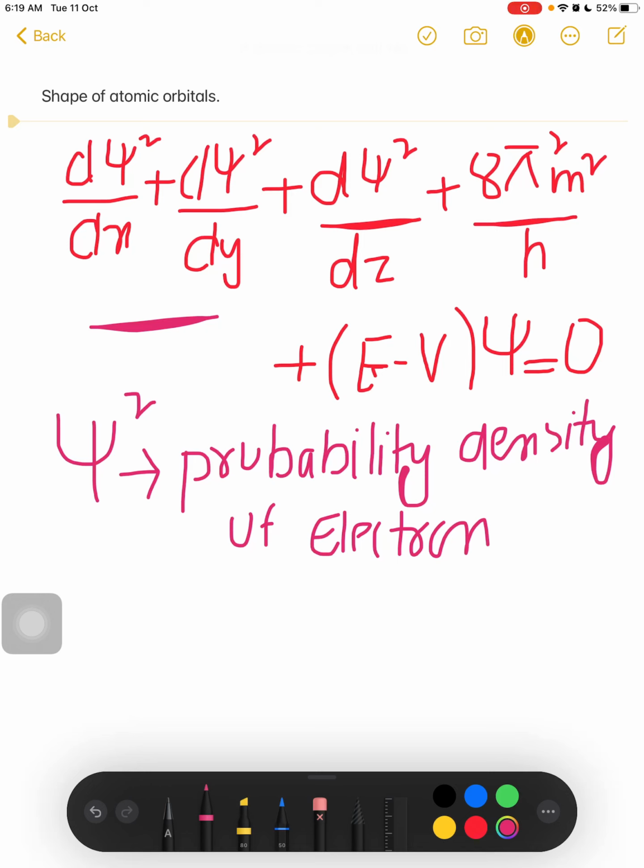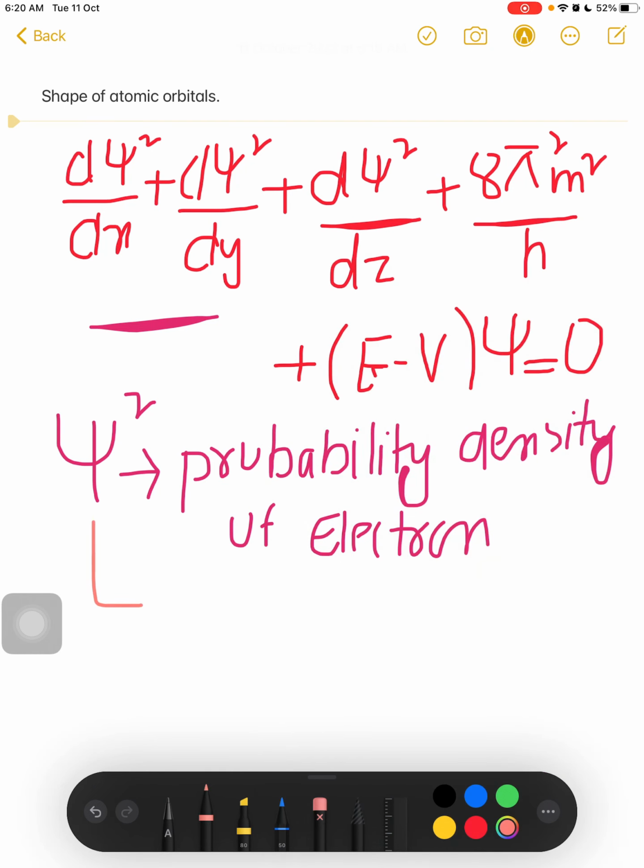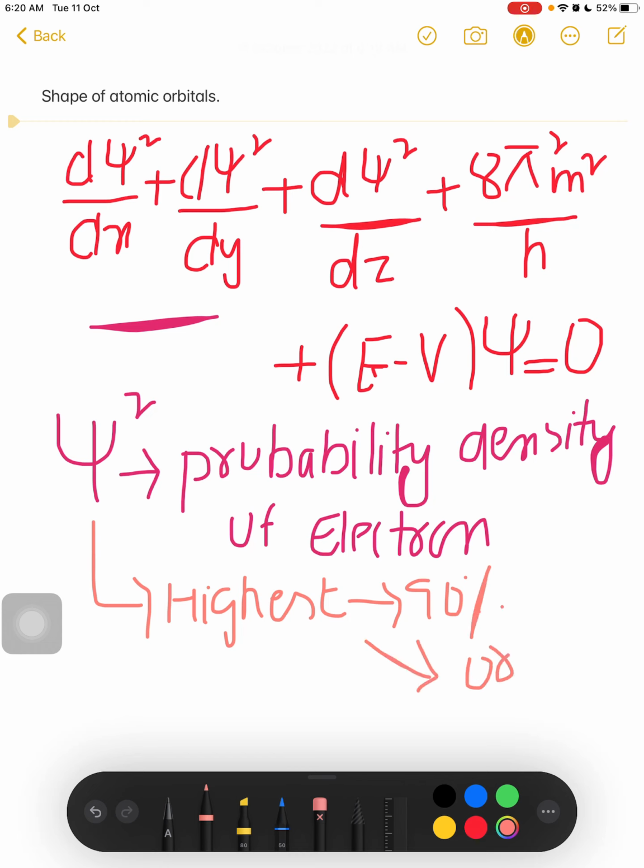So now, when talking about the shape of atomic orbitals, whenever the value of ψ² is highest, like almost 90%, that region is known as an orbital.